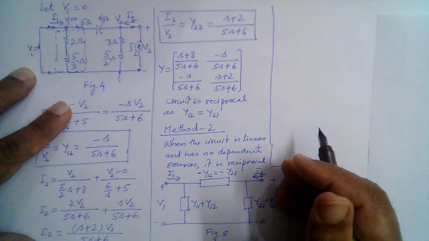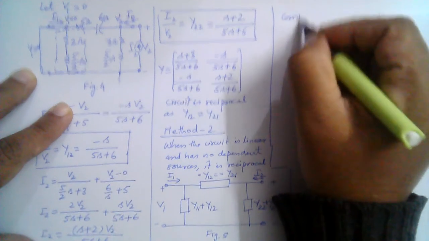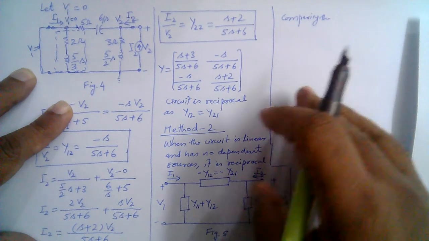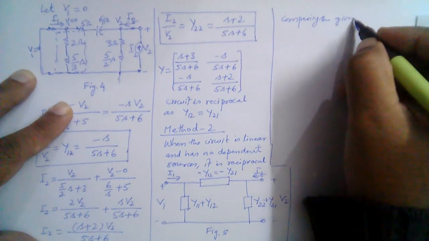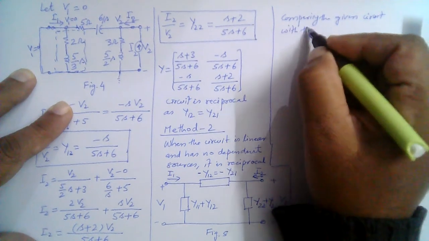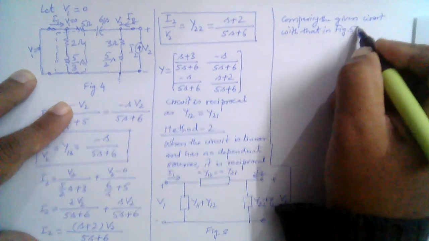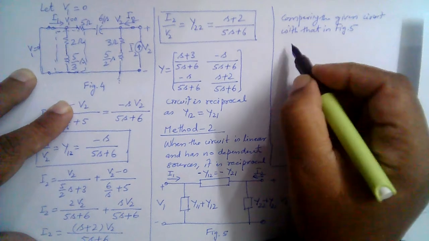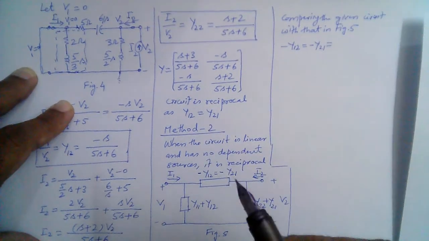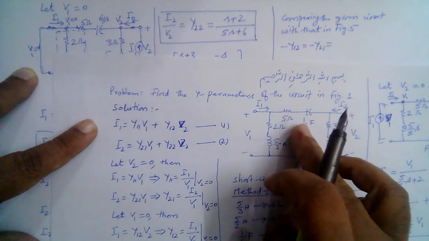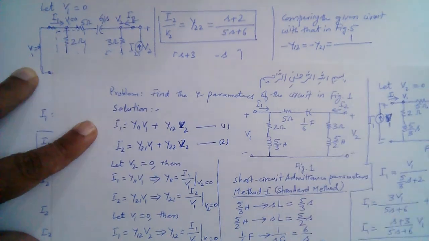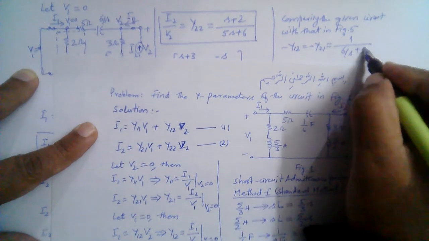So comparing the given circuit with that in figure 5, our given circuit is linear and has no dependent sources, so we can find out the parameters using this method. So comparing the given circuit with that in figure 5, we can see that minus Y12 is equal to minus Y21 is equal to the admittance, 1 over impedance, right? 1 over impedance is 1 over 6 over s plus 5, right?